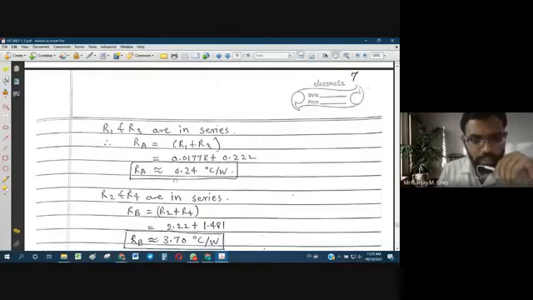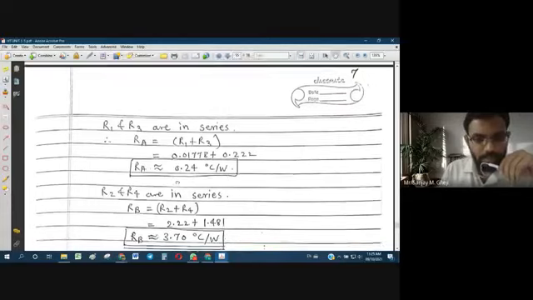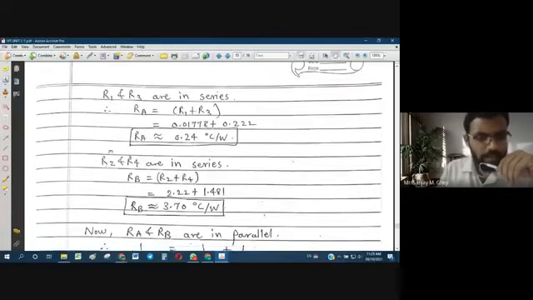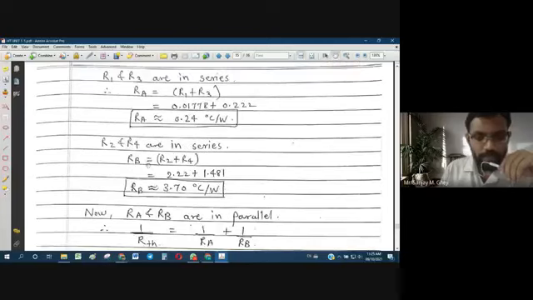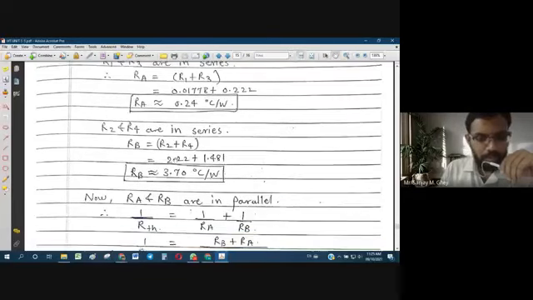Add them together, you get 0.24 degrees Celsius per watt. In the same way on the B side, R2 and R4 are in series. So RB equals 2.22 plus R4, 1.481. You get RB equal to 3.70 degrees Celsius per watt.